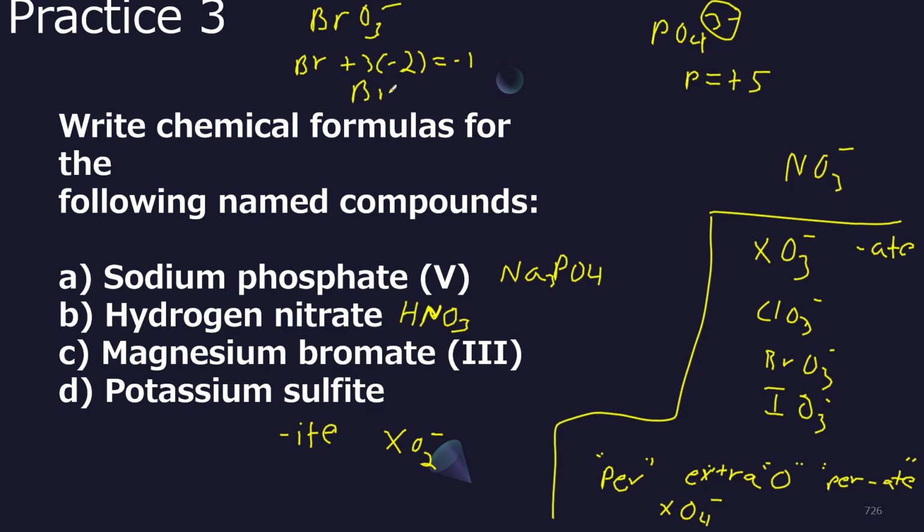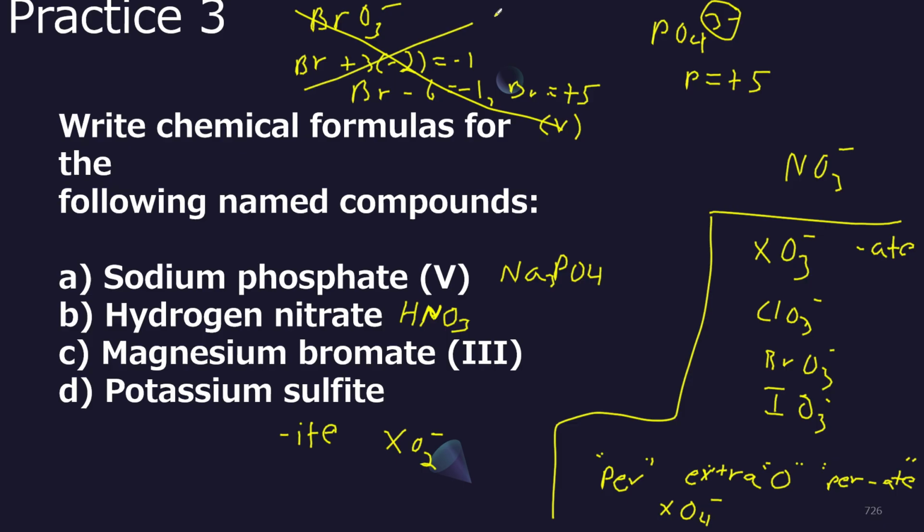Br minus 6 equals minus 1. So Br equals plus 5. Oh no. So this would only be the answer if this was magnesium bromate 5 with a Roman numeral V like this. So it can't be this. You got to try one of the other ones.